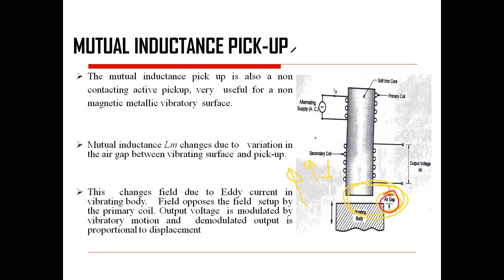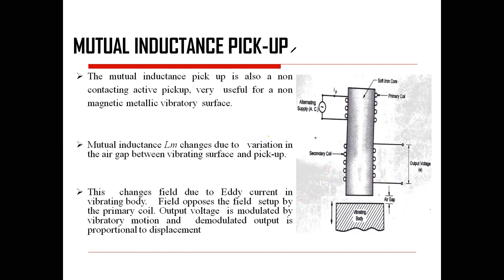So if vibrations are more, the air gap will increase. If vibration is less, the air gap will reduce. Likewise, the eddy current that has been generated can be used to generate the output voltage. So very simple concept.